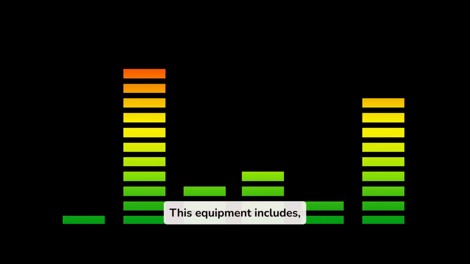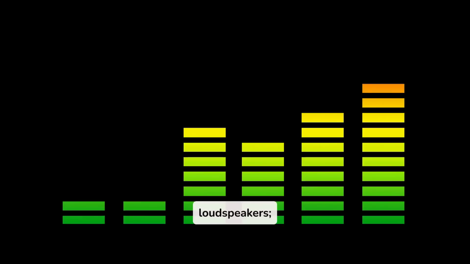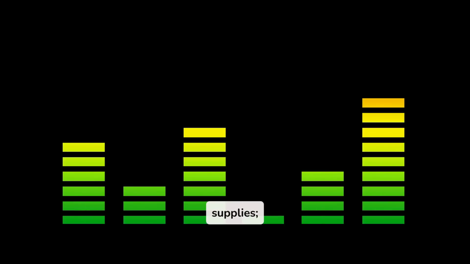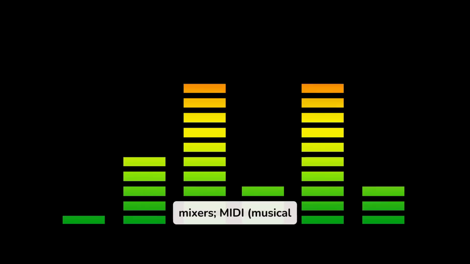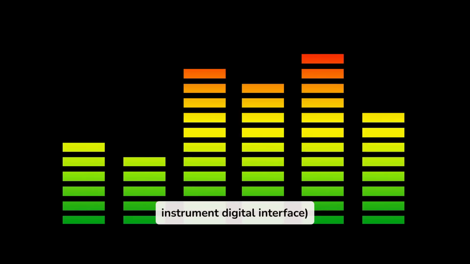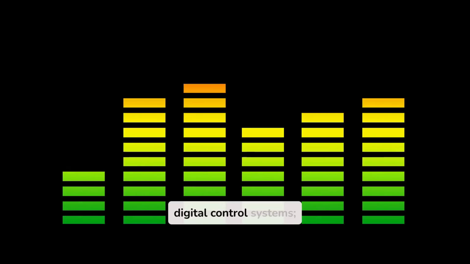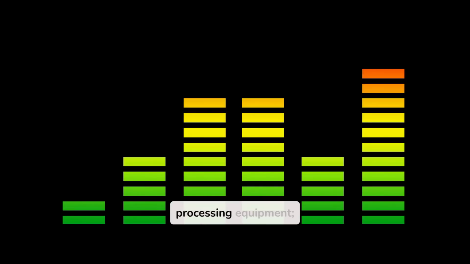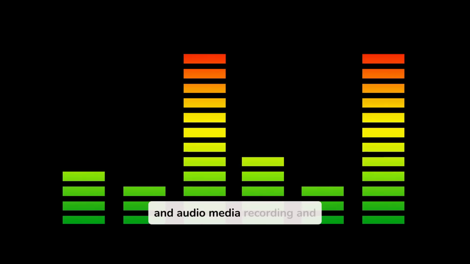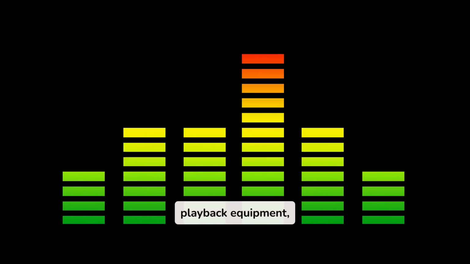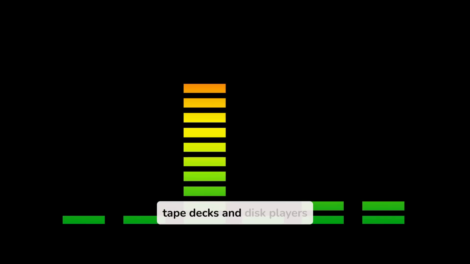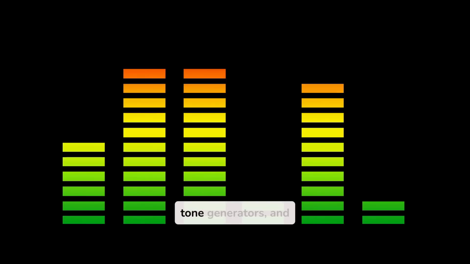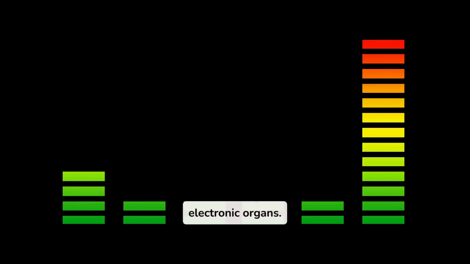This equipment includes, but is not limited to, loudspeakers, headphones, preamplifiers, microphones and their power supplies, mixers, MIDI, musical instrument digital interface equipment or other digital control systems, equalizers, compressors, and other audio signal processing equipment, and audio media recording and playback equipment, including turntables, tape decks and disc players, audio and multimedia, synthesizers, tone generators, and electronic organs.